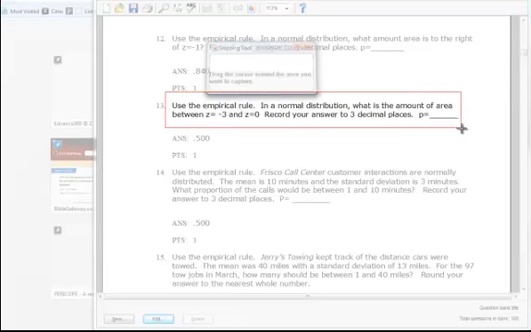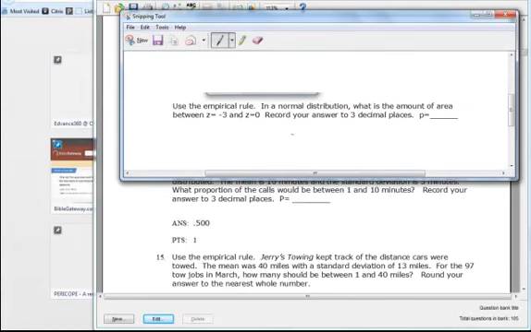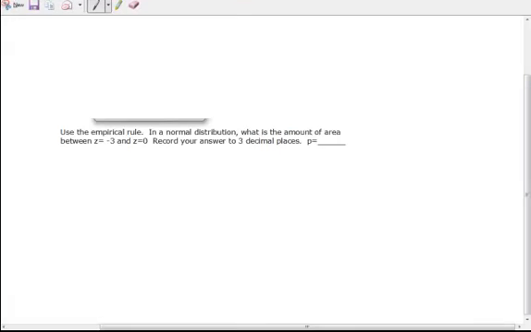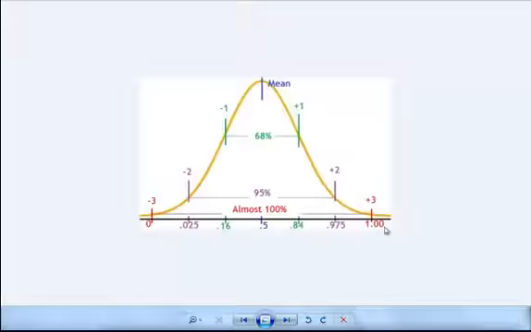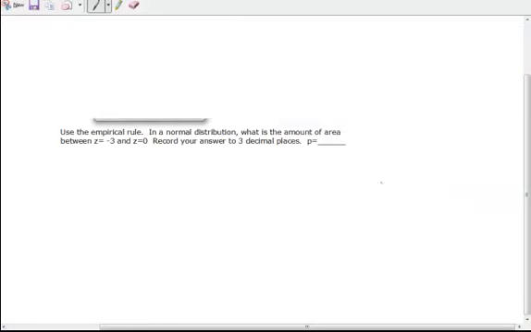Now we want to be between -3 and 0. So on our chart, again, here's -3, here's 0. So we do the exact same thing again. We draw our normal curve.